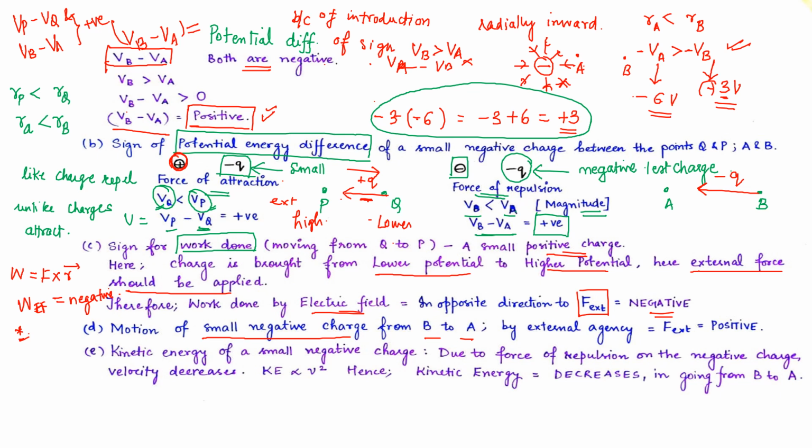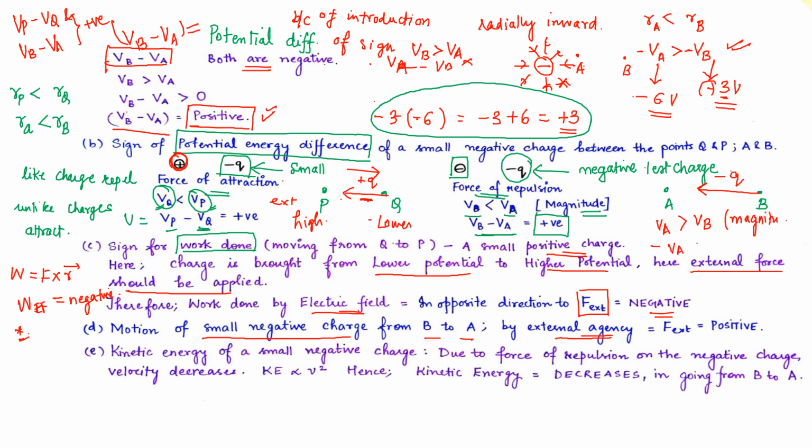And here they are asking us what is the sign for the external agency. Here also the concept is that potential at A is greater than potential at B with respect to the magnitude, and with respect to the sign.